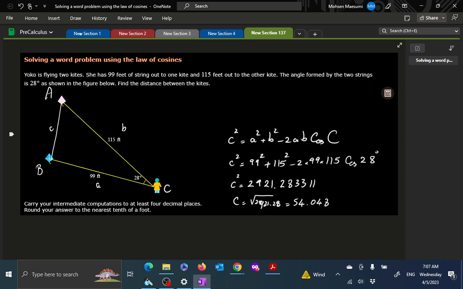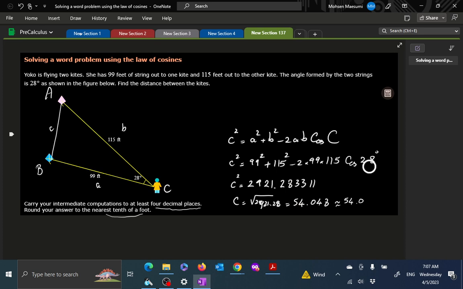It says carry out intermediate calculations; if you want to do it piece by piece, do it to 4 decimal places, and at the end write it to a tenth of a foot. So this one is going to be 54.0 when you round it.